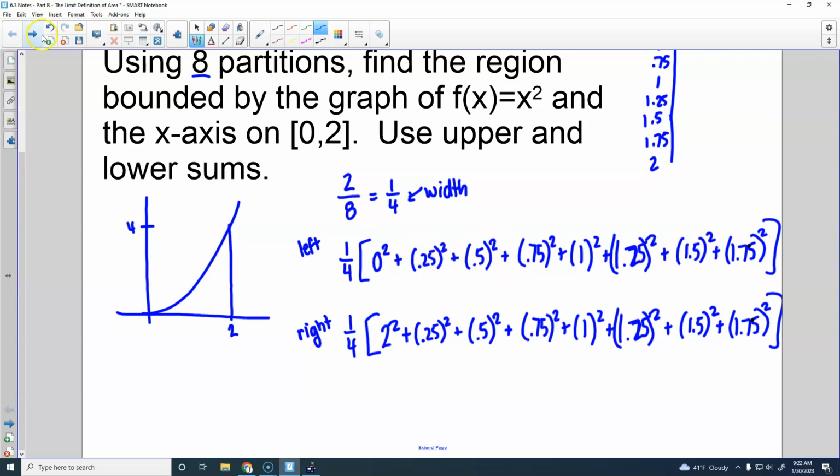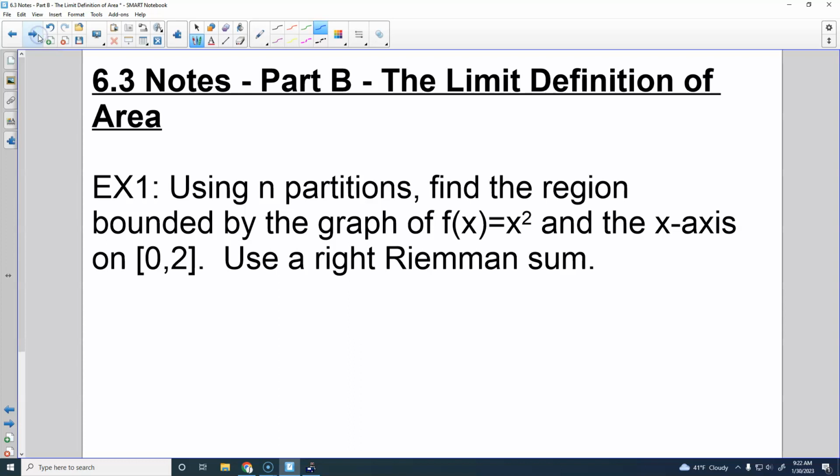All right, so let's set this up. Using n partitions, find the region bounded by the graph of f of x equals x squared and the x-axis on 0 to 2, use a right Riemann sum. Okay, so it's the same exact problem that I just had, except it specifically tells me to use a right sum.